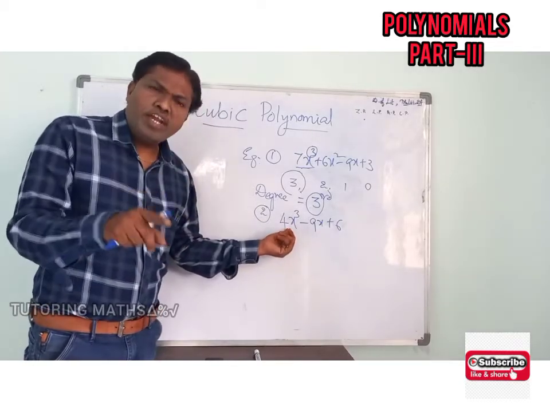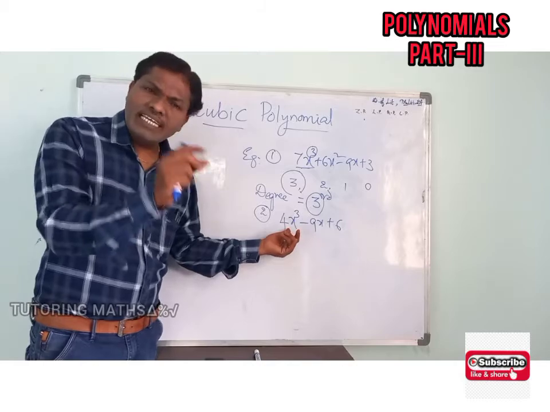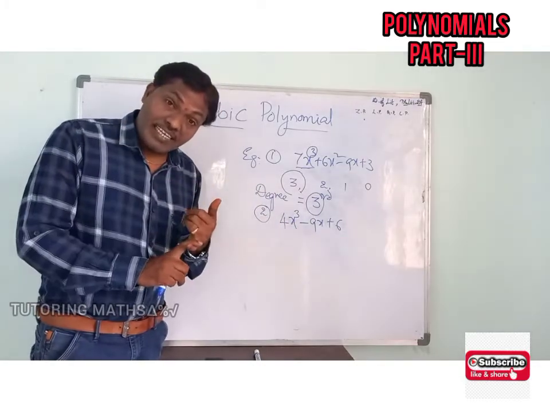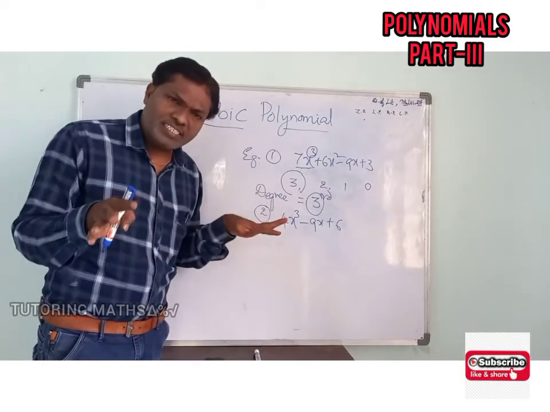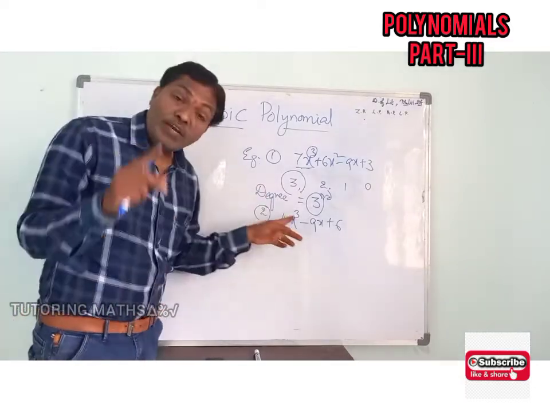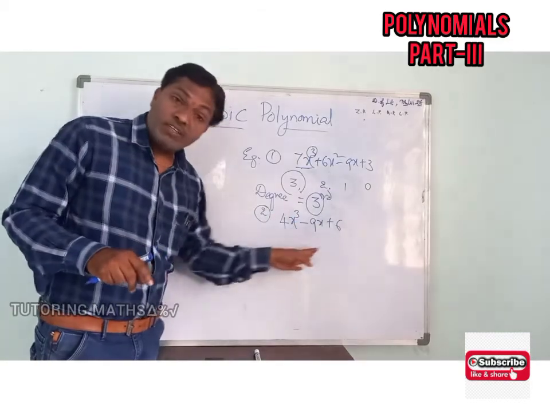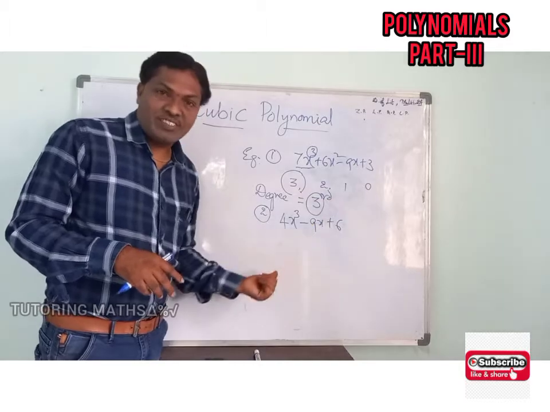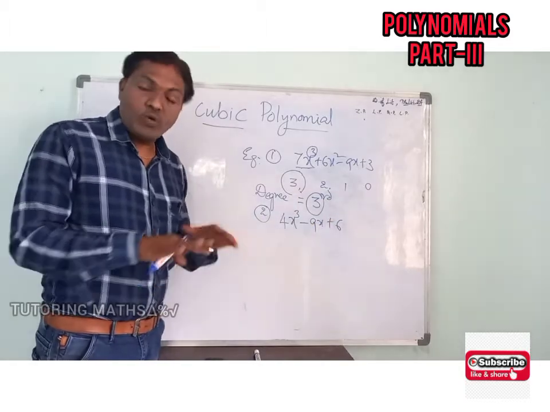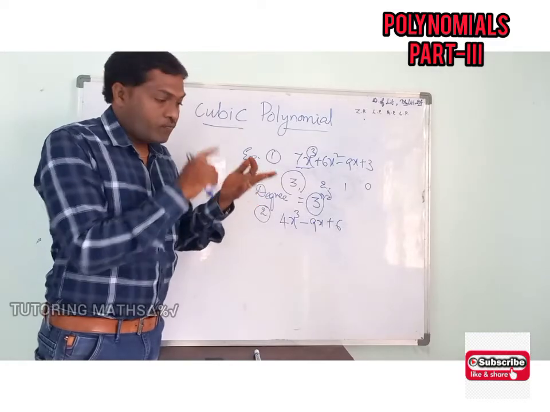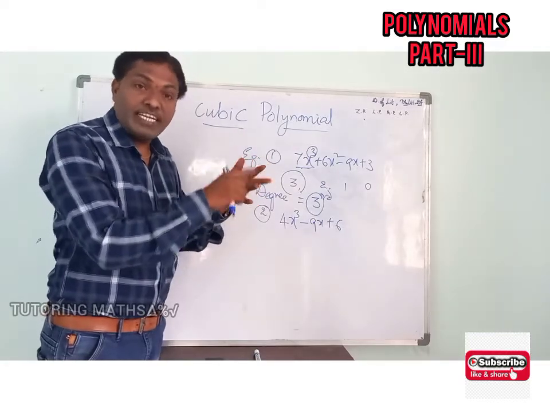If the degree of this polynomial is 3, then it is called a cubic polynomial. There is no need to maintain the order of the terms or all the exponents, like 3, 2, 1 or 5, 4, 3, 2, 1.